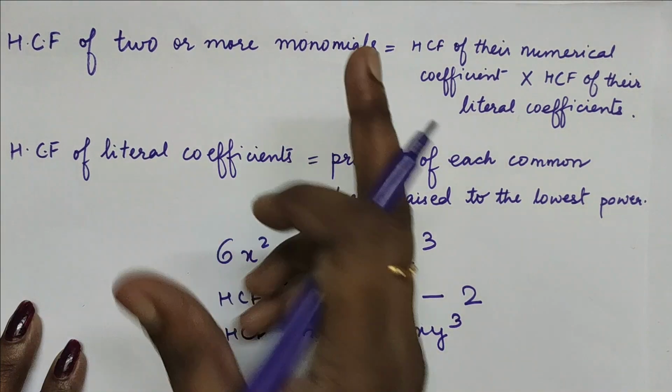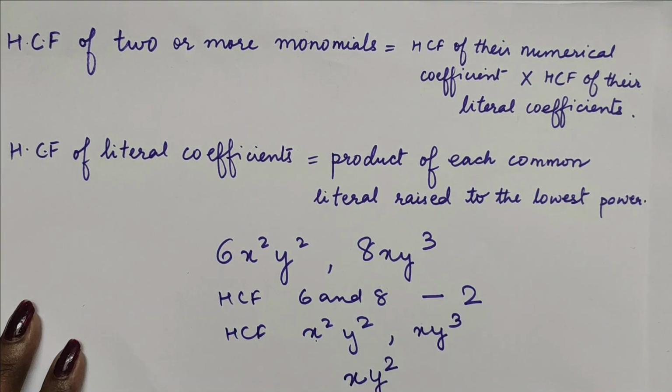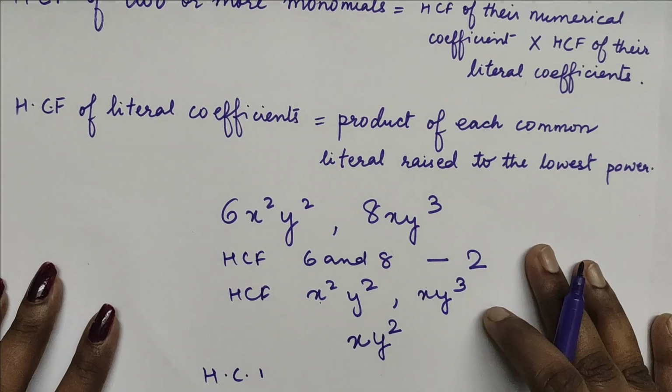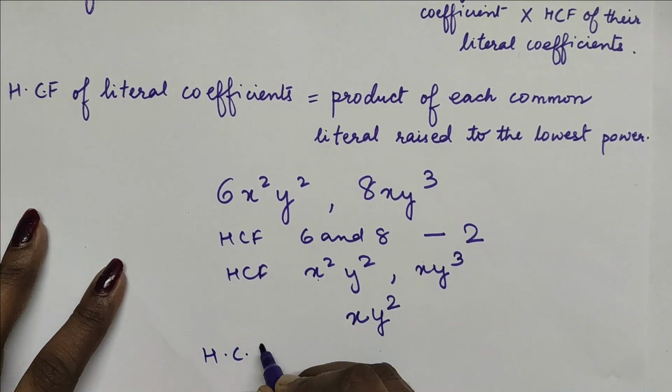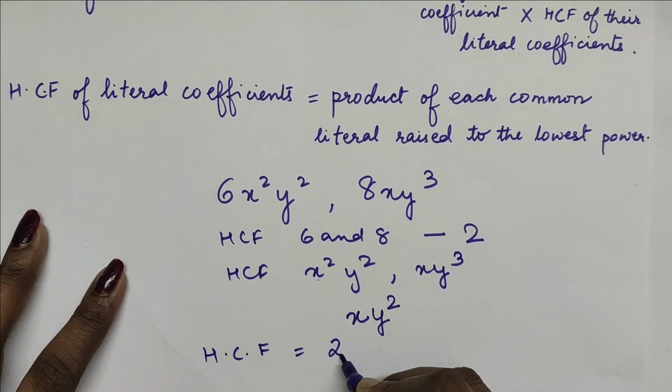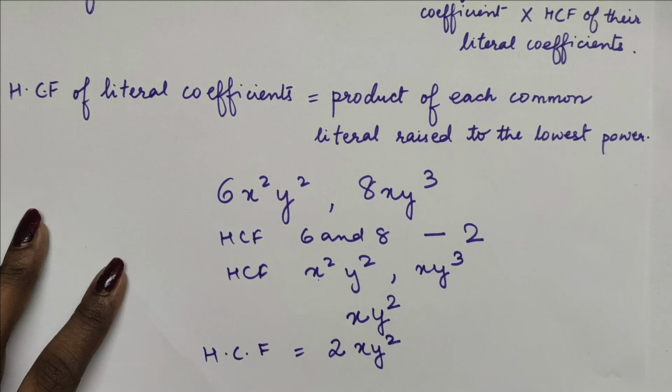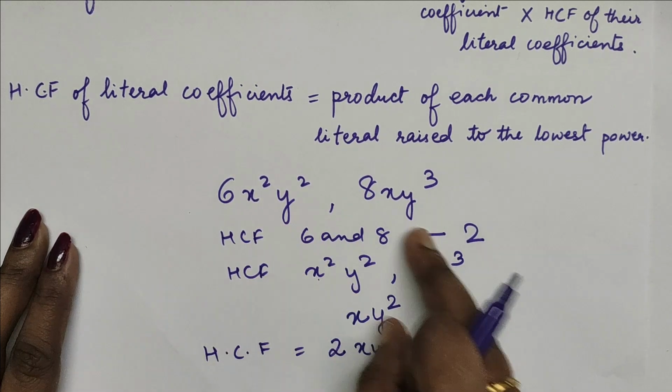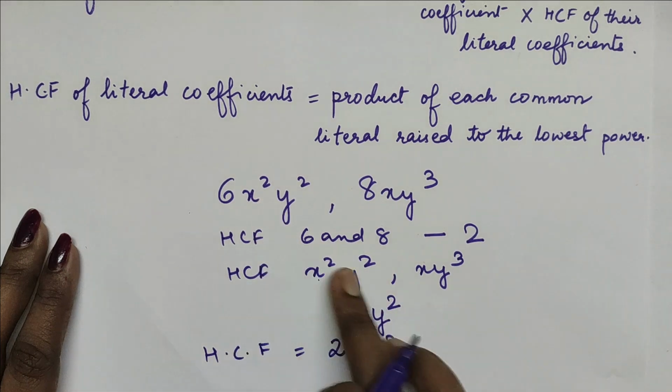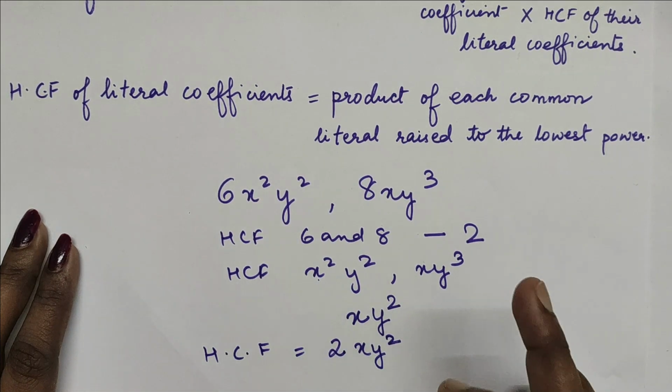Therefore, what will be the HCF of the whole term? The HCF of the whole term will be 2 into x y square. We don't write the into, we can just write the term directly. So it will be 2xy square. This is calculating the HCF of a normal monomial.